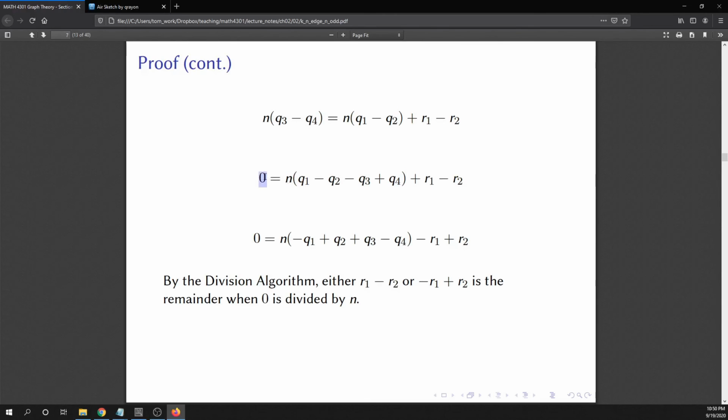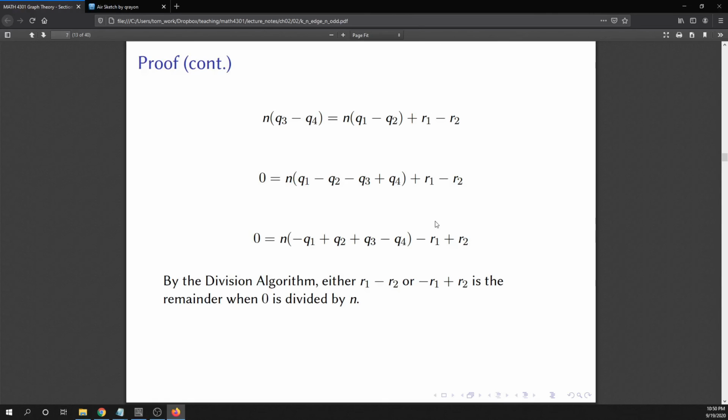Here I have written 0 as n times some integer plus another number, r1 minus r2. So that is a lot like the format required by the division algorithm: n times some quotient plus some remainder. So one of these two, r1 minus r2 or minus r1 plus r2, has to be positive.